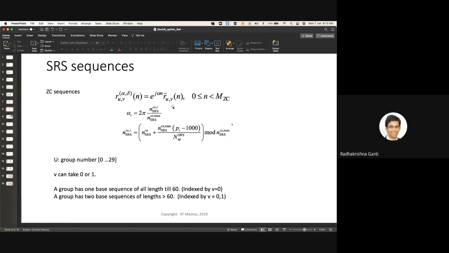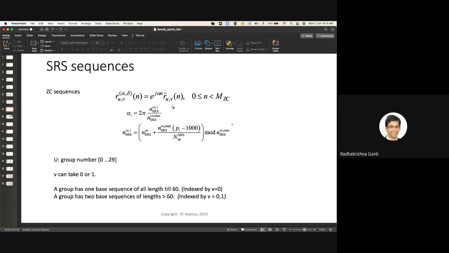Why do they do this? Why do they have different groups? Essentially, for different cells they allocate different groups, so that when there is interference from other cells, it gets averaged out. If you use the same base sequence, the interference may add up.